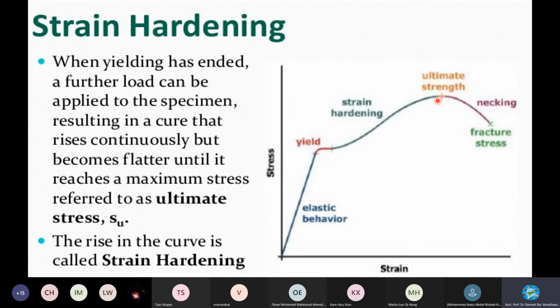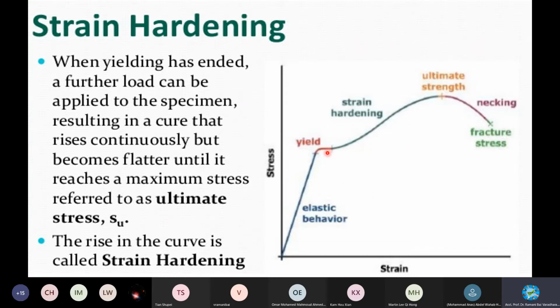So this total region is called the plastic region, and this is the point up to which the material can withstand some plastic deformation or plastic behavior, until the ultimate strength, right? After this, what does it mean? There is a constant strain.